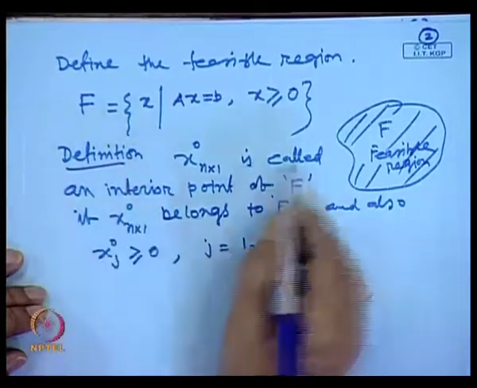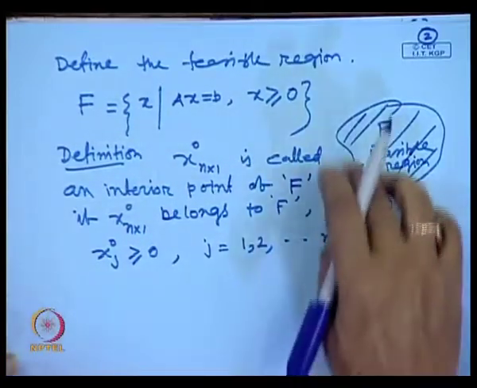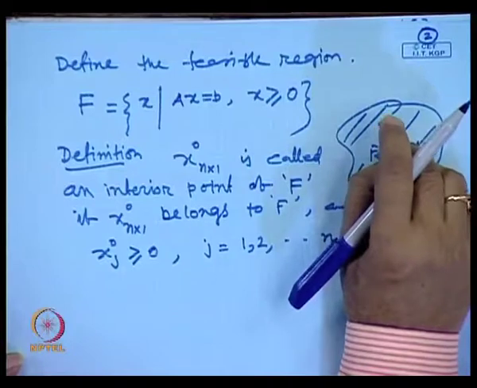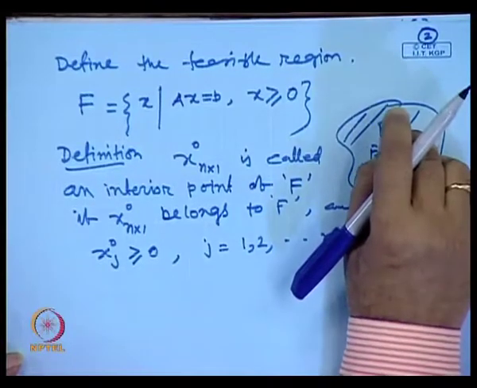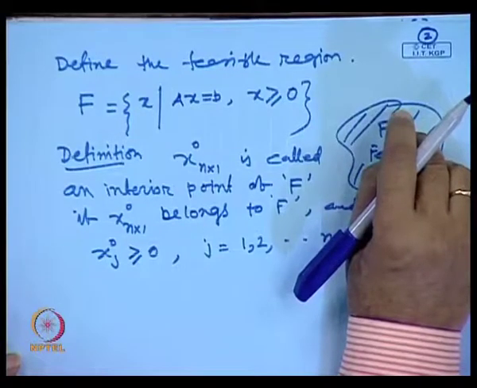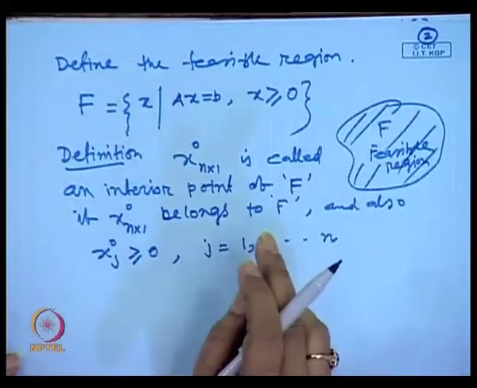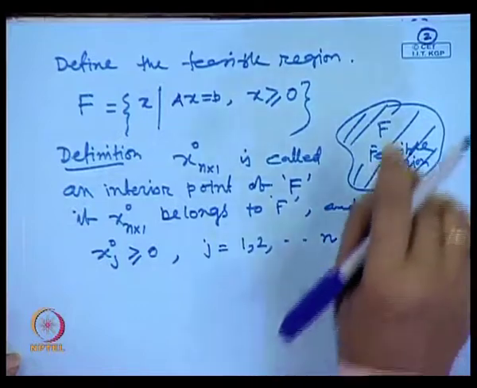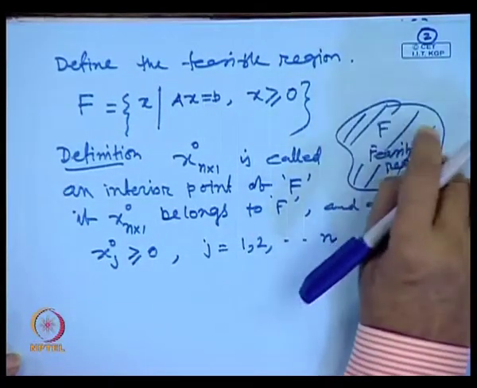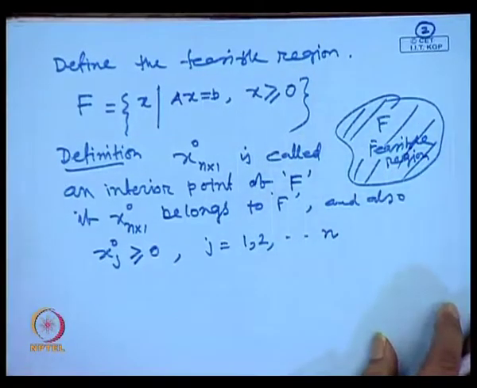So, this is the definition of an interior point. If a point belongs to the feasible region and all values of x are greater than 0, then this point is called an interior point of the feasible region. Agree?